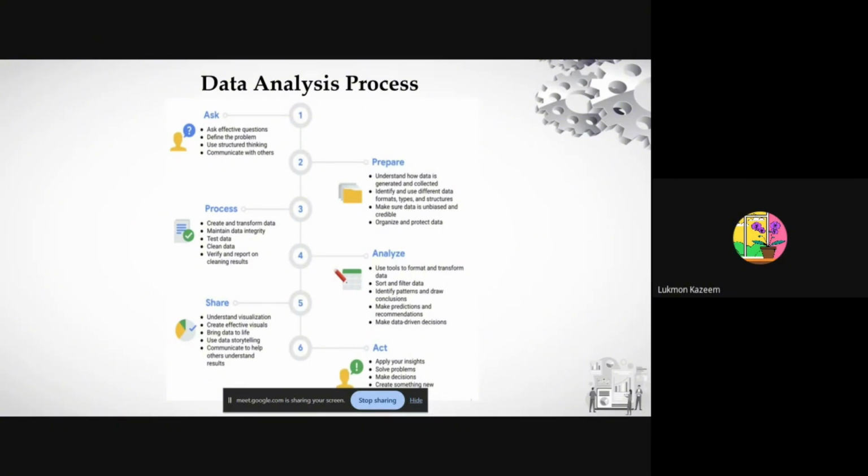Some people, you will tell them, this place, put in your phone number. They will go ahead and put their surname or their name or anything. So in that case, as a data analyst, you need to ensure that all these values are taken care of. You need to clean them and ensure that at the end of the day, your data is clean. So that is what data processing is all about.